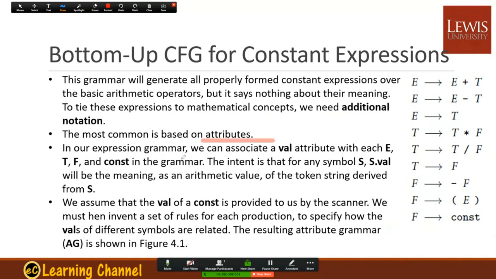In our expression grammar, we can associate a value with each expression, term, factor and constant in the grammar. So we can have the star value for the form s. Because we assume the value of a constant is provided by our scanner, we must invent a set of rules for each production. So let's look at that.